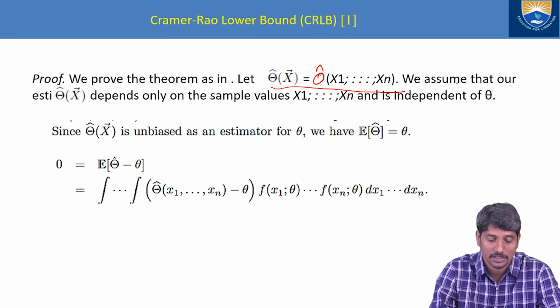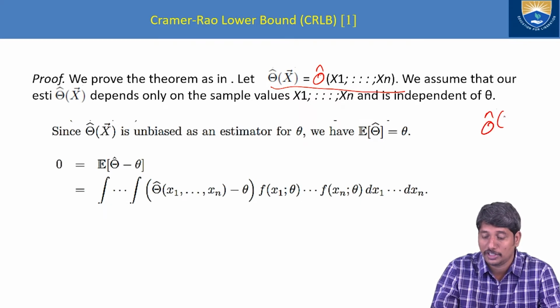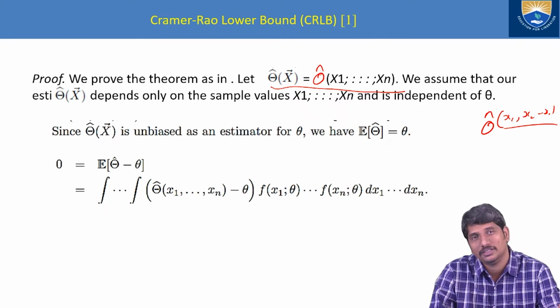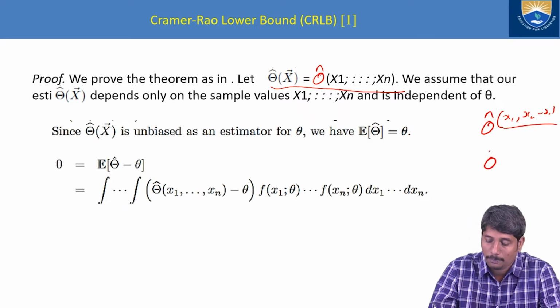We assume that our estimator phi cap of x depends only on the sample values x1, x2, xn, but not on theta. It is independent of theta. And this is because we calculate the efficiency only for unbiased estimators. That means automatically we have to understand that phi cap is an unbiased estimator of theta, which is the population parameter.